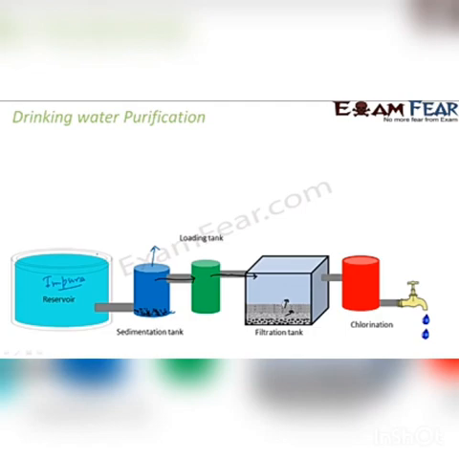Okay, so when water flows through it, the impurities get attracted towards the sand particles, and thus we get more pure water. By the time it flows through the filtration tank, the impurities get attracted by the charged sand particles.